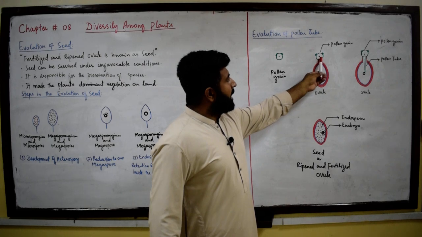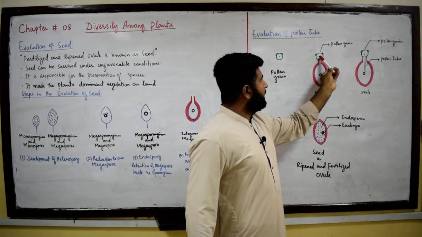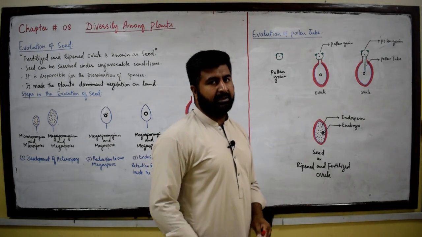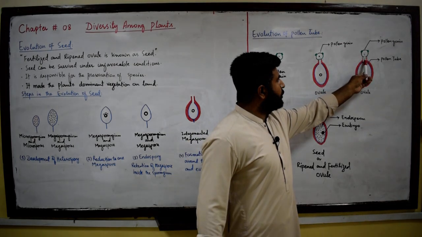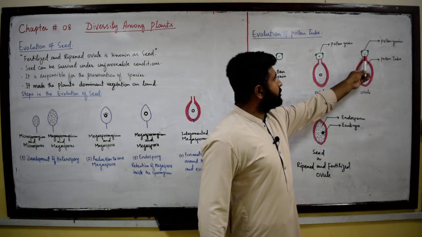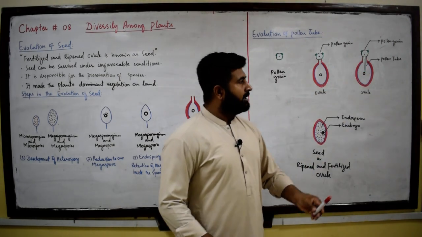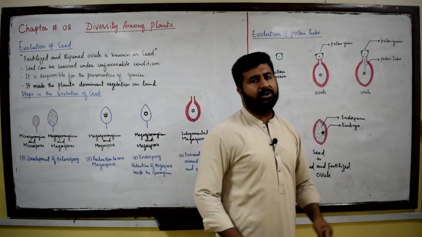If you look into the pollen grain, the nucleus of the pollen grain cannot reach the ovum directly. Rather, the pollen grain produces a tube-like structure to transport its nucleus toward the ovum. This tube-like structure is known as pollen tube.